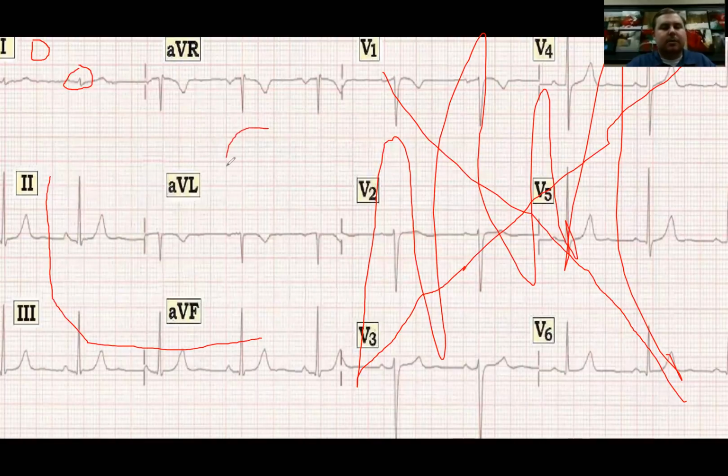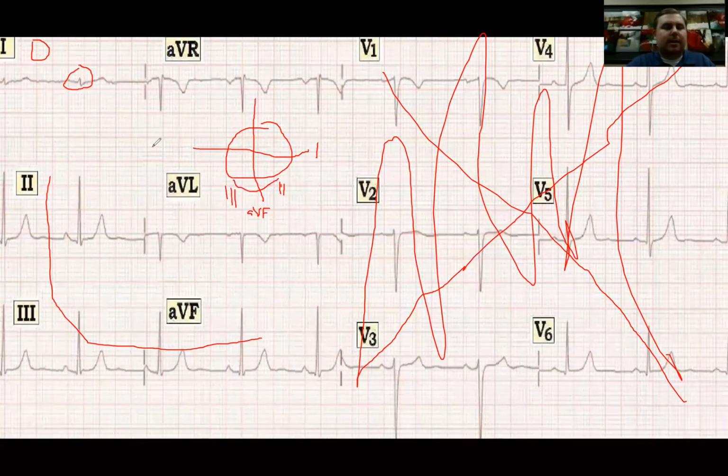So if I draw my circle again, my little X in it, lead 1, 2, 3, aVF, all these are positive down here.